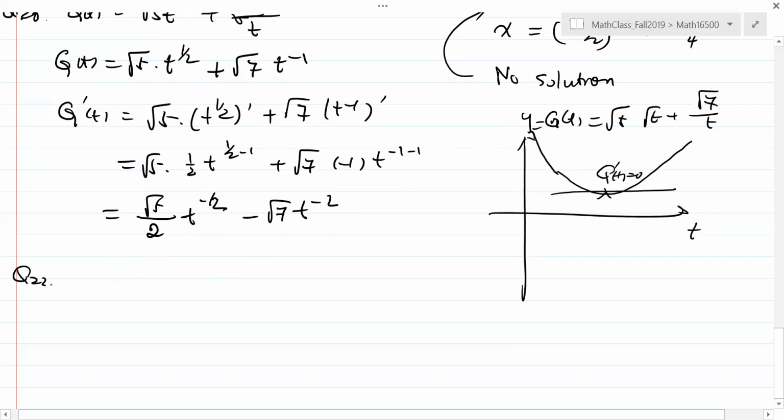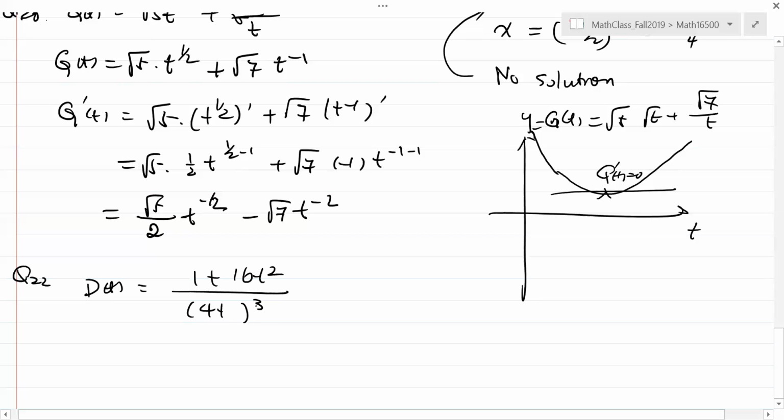Okay, Q22. d over t is going to be 1 plus 16t squared over 4t cubed. So far I haven't applied the quotient rule to any of the problems, and I don't think it's needed even for this particular problem.